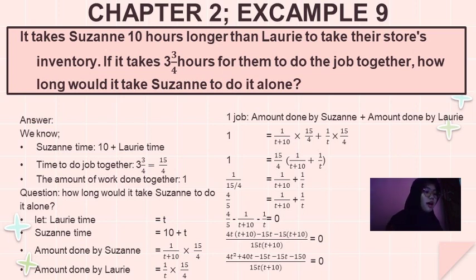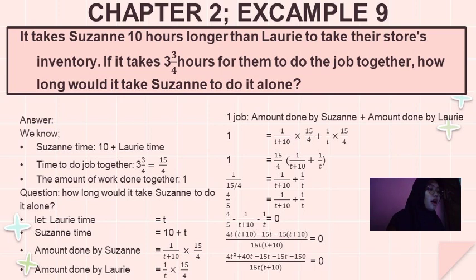Let Laurie's time be T. Susanna's time is 10 plus T. Amount done by Susanna is 1 per (T plus 10) times 15/4. Amount done by Laurie is 1 per T times 15/4.